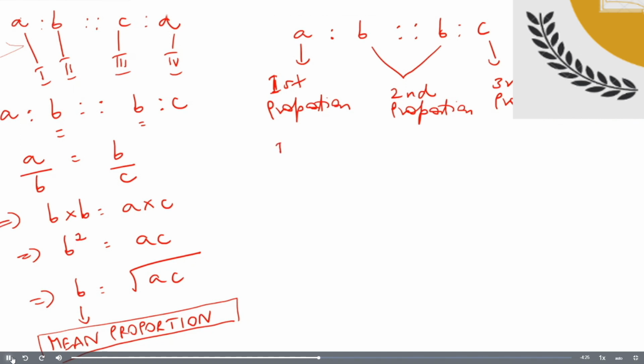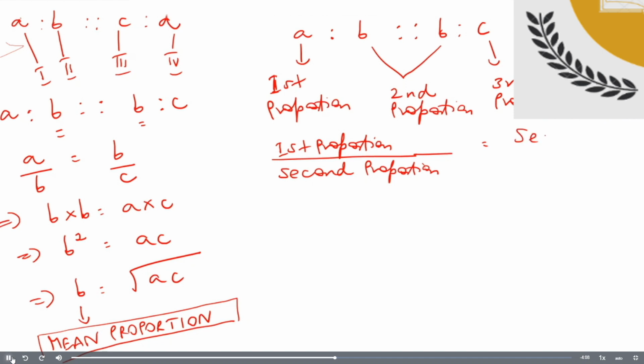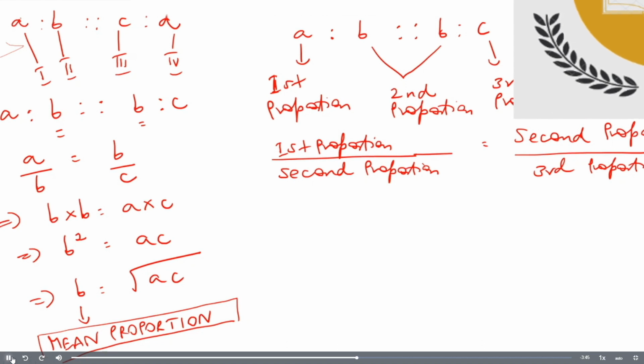And we know that the first proportion by the second proportion is equal to the second proportion by the third proportion. So make a note of all this. Let me take you through some examples.